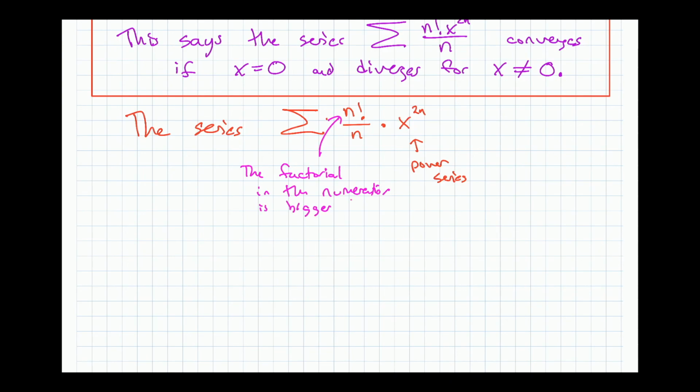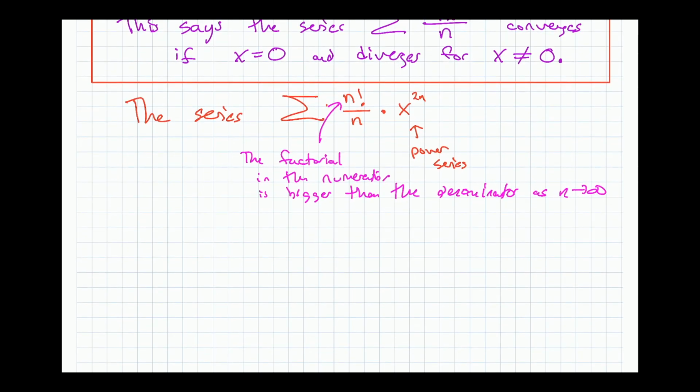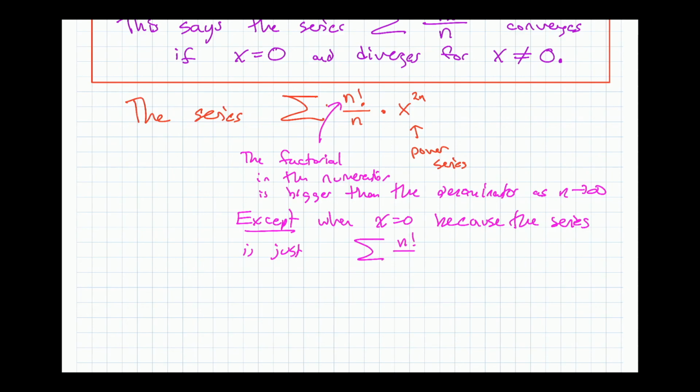And as n goes to infinity, pretty much no matter what, except when x equals 0, because then the series is just, if you put in x equals 0, it's n factorial over n times 0, which is the sum of 0, which is 0.